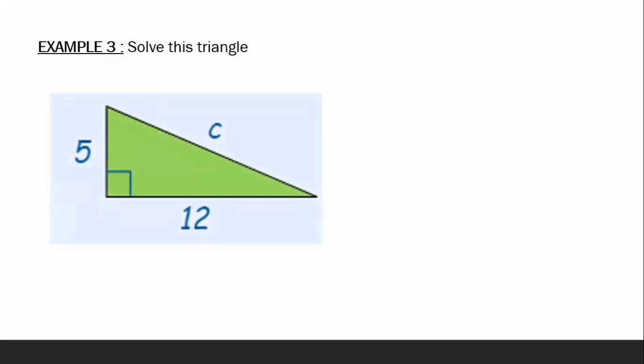Another, solve this triangle below. I'll give you another 1 minute to answer. Again, by simply using the formula a squared plus b squared is equal to c squared.